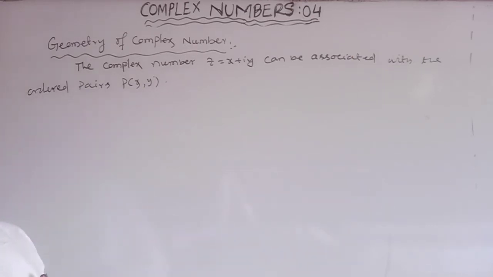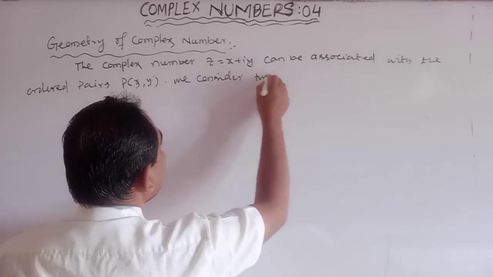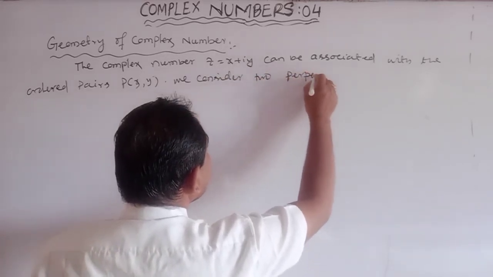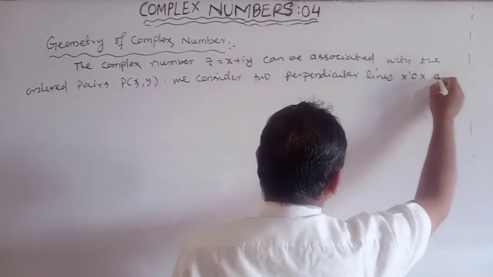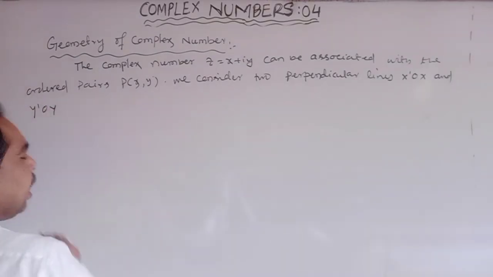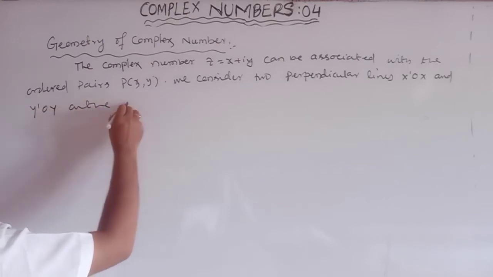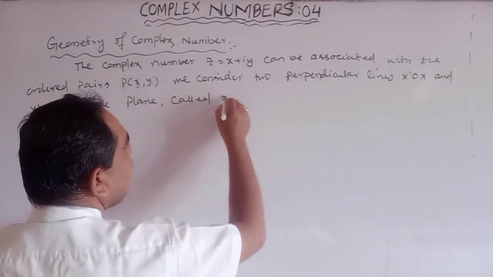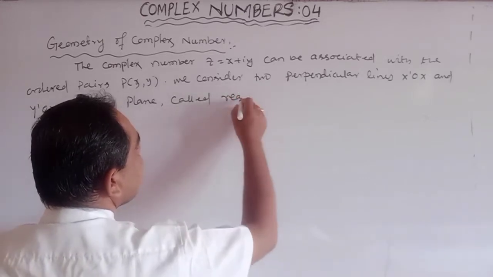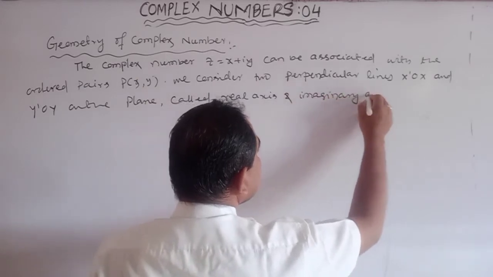We consider two perpendicular lines x dash ox and y dash oy on the plane called real axis and imaginary axis respectively.